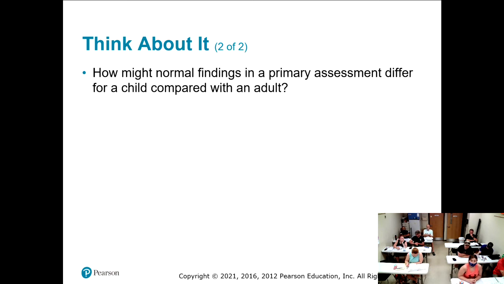The other thing with normal findings with the kids, especially their airways and breathing, is that airways especially are smaller, and they sit more anteriorly to their body versus an adult. Yes, because adults are aliens. So there are some anatomical differences between kids and adults, which we will be doing on Monday, I believe.